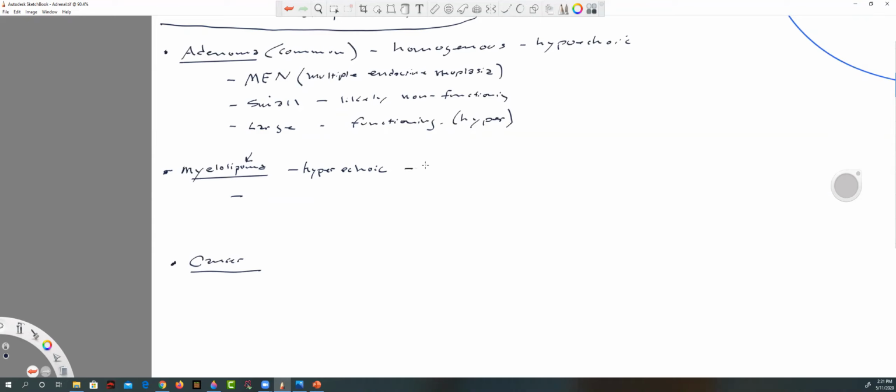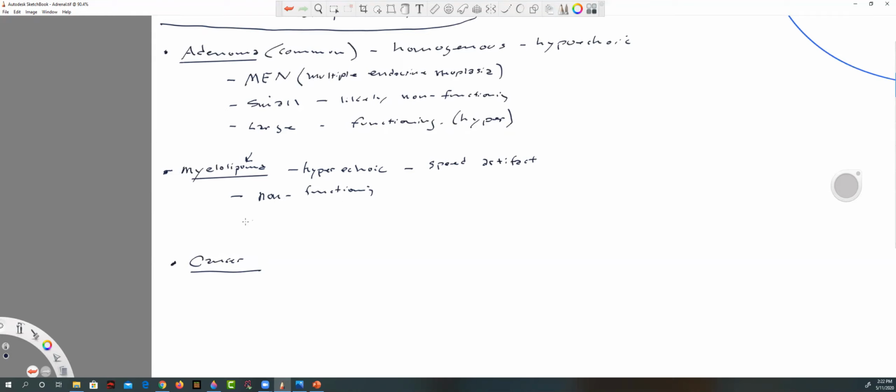What happens when we go through a fatty tumor? The speed of sound changes, so you will have a speed artifact behind it. That's one way to really know that you're looking at a fatty tumor, looking for that speed artifact. And these are non-functioning.